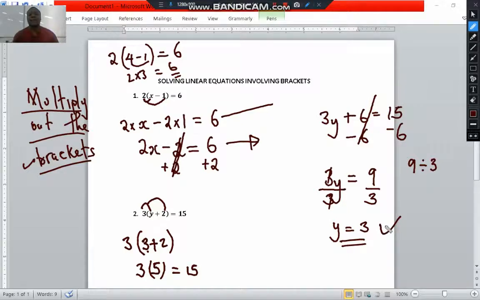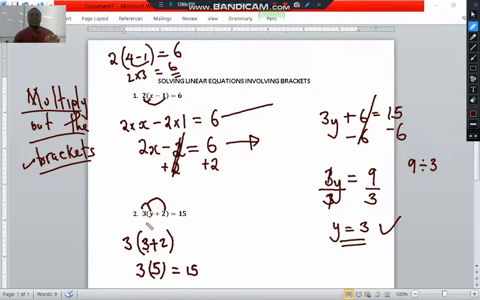So Ethan, the most important thing here is to multiply out the brackets. Always remembering the fact that it is the term that is outside the brackets that gets to multiply each and every term inside the brackets. That is very, very important, and that will always stay true. So please, let's watch the second video again that talks about some other questions on linear equations involving brackets.